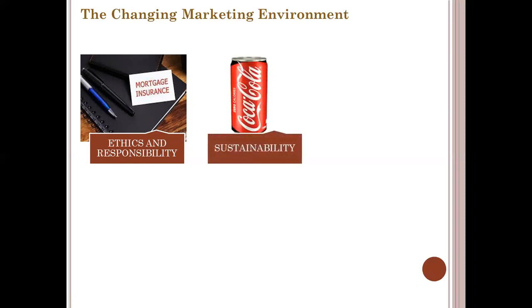We also have sustainability. Sustainability is an example of social responsibility, and it involves engaging in practices that do not diminish the Earth's resources. So we have here an example, which is Coca-Cola.